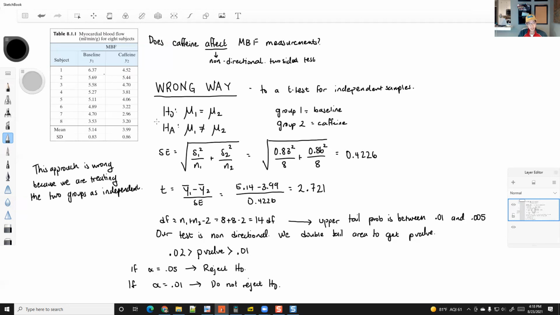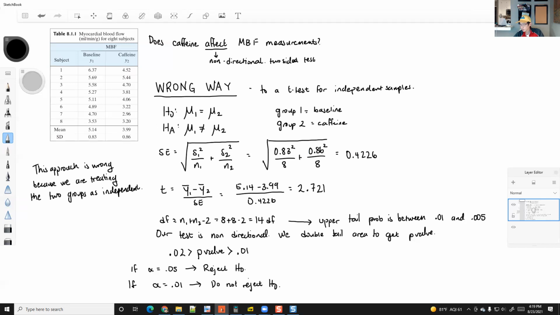If you look at each individual, what you'll notice is that the baseline number is higher than the caffeine number in every single one of these cases. So let's try approaching this the correct way.